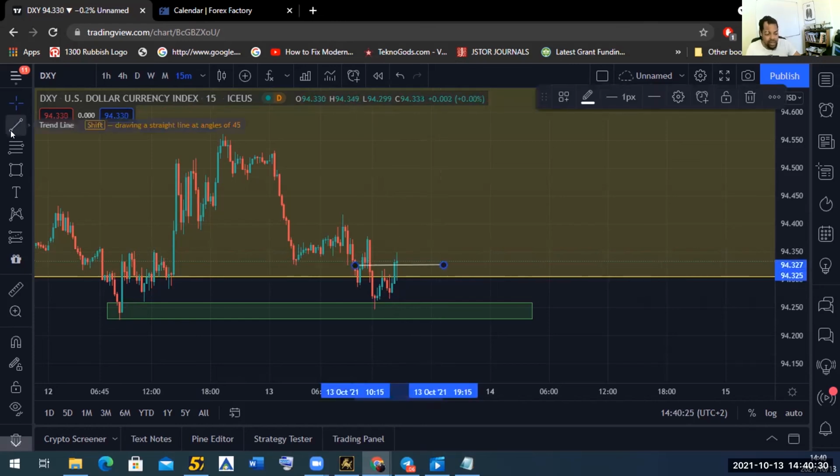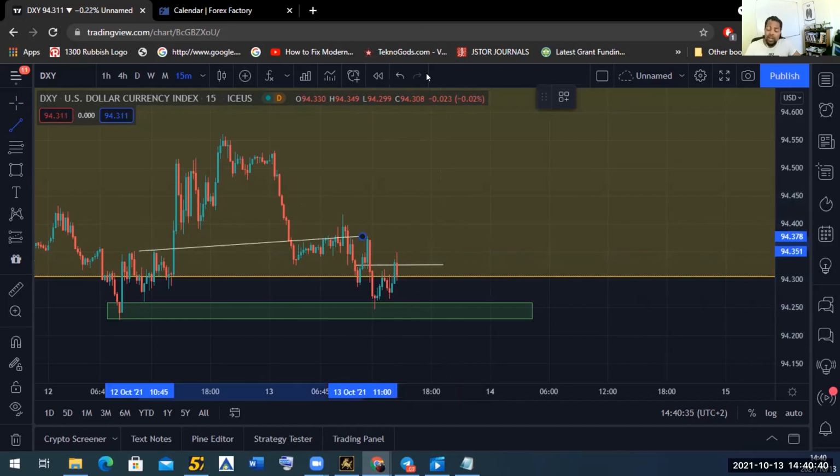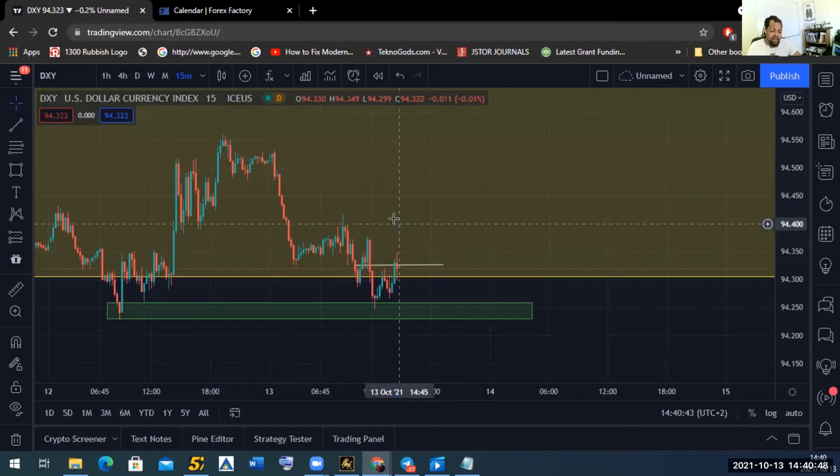So if DXY breaks this area, you know that 15-minute supply is going to break, and trust me, it's weakening as we speak. Once a break of market structure is removed, I would really prefer to buy again down there. So I'm going to put another pending order down there, but I know the area has been weakened as well. So maybe let me just stay out of the markets today, do my war rooms, and finish my entire trading plan for the target. And Euro USD is just falling flat.